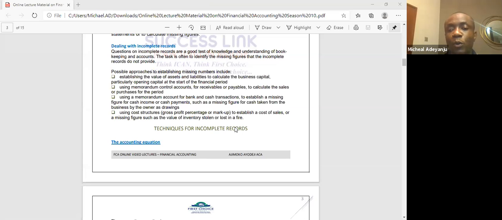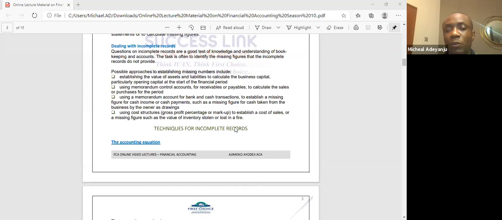Then if C plus L, that is capital plus liability, equals assets, then we can say that A minus C equals L. That is, assets minus capital will give us liability. Conversely, if it is capital that we are looking for, then our total assets minus our total liability should give us our capital. So these are the plus and minus relationships we need to be familiar with to determine transactions that are not complete.